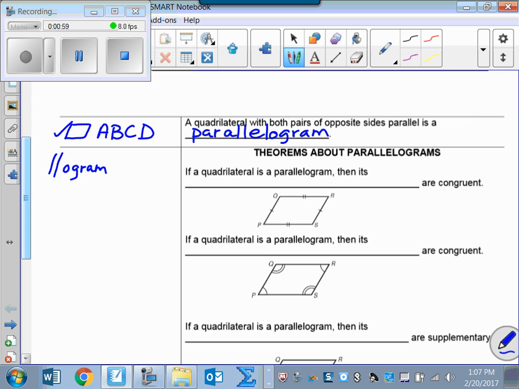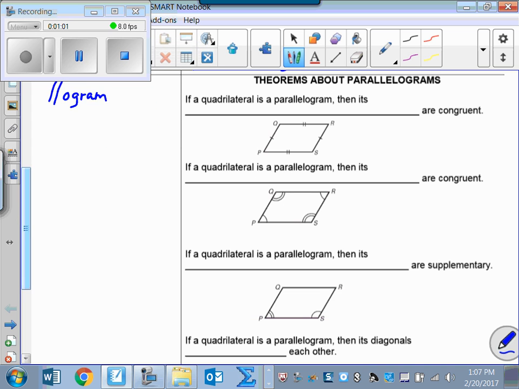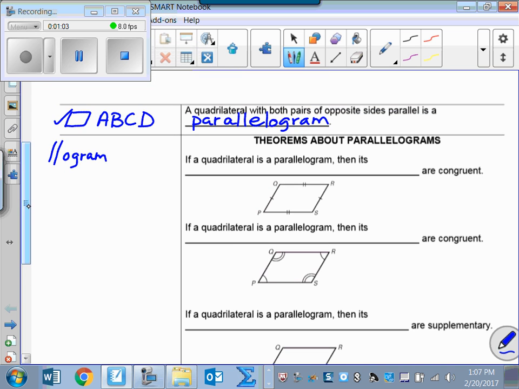Okay, now we got some theorems. I think there are 1, 2, 3, 4, 5 or 6 maybe. But here we go. If a quadrilateral is a parallelogram, then its opposite sides are congruent. So PQ would be congruent to SR and PS is congruent to QR if I have a quadrilateral that's a parallelogram.